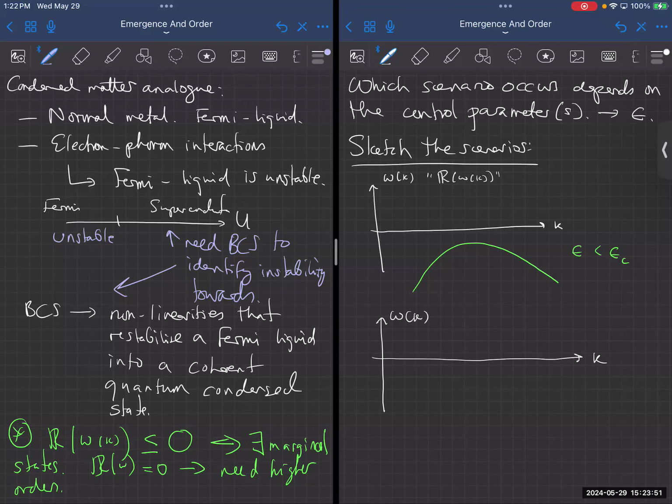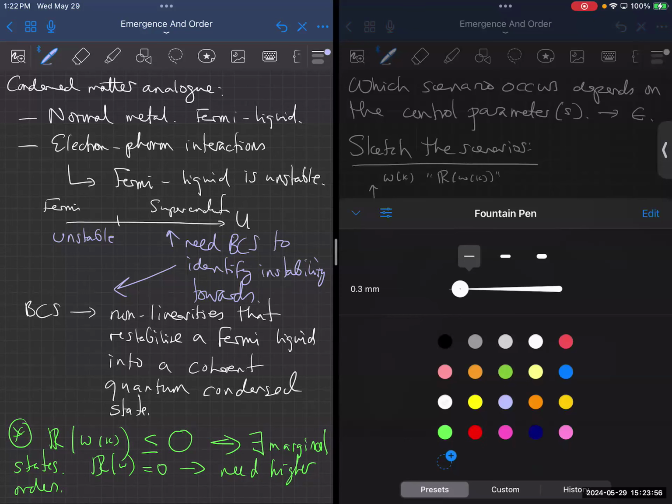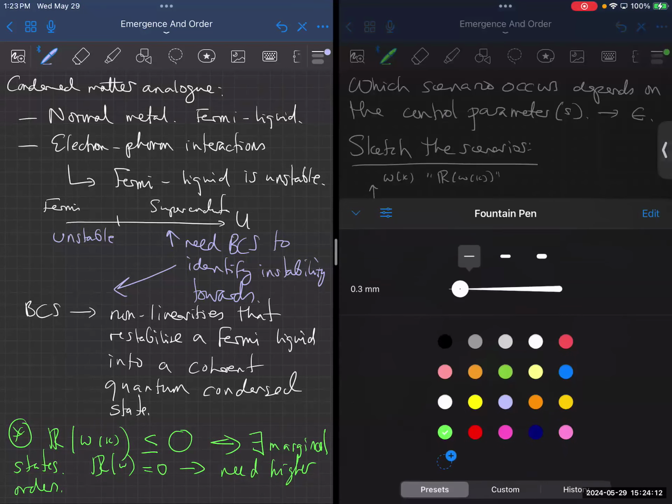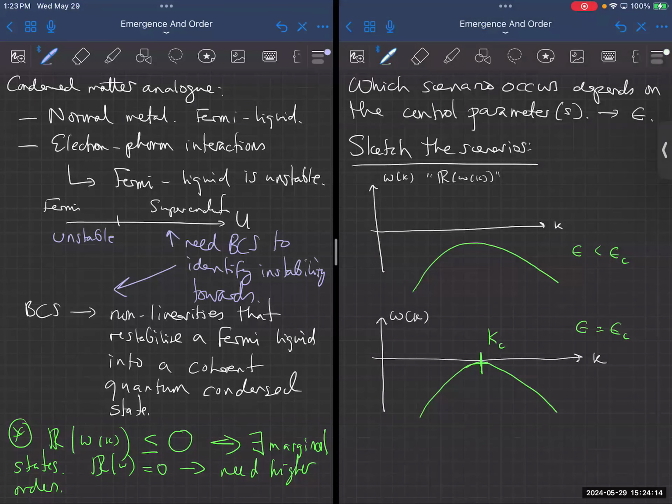Then case 2, I'll draw this as the marginal case. Here is the case where epsilon equals the critical value. So one of the modes has just touched the omega equals 0 axis.